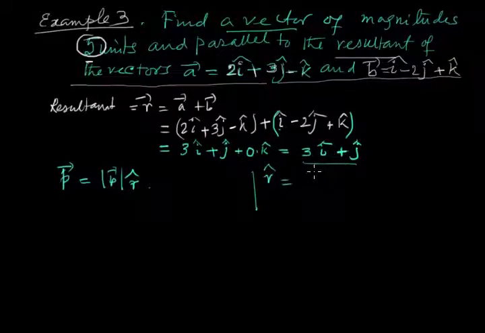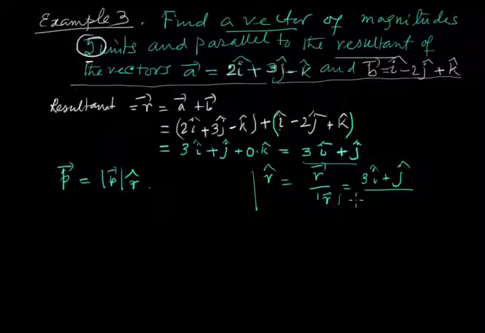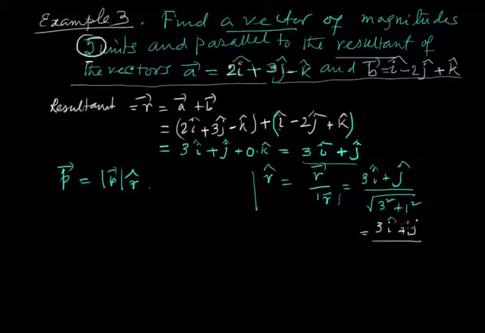R cap is equal to vector R by magnitude of R. That is 3i plus j cap by magnitude of R, root over 3 square plus 1 square. So 3i plus j, and this is 9 plus 1, 10, so root over 10.